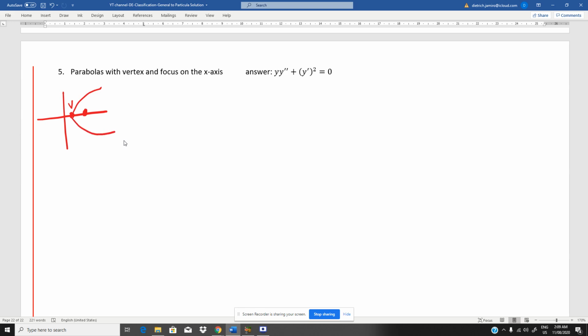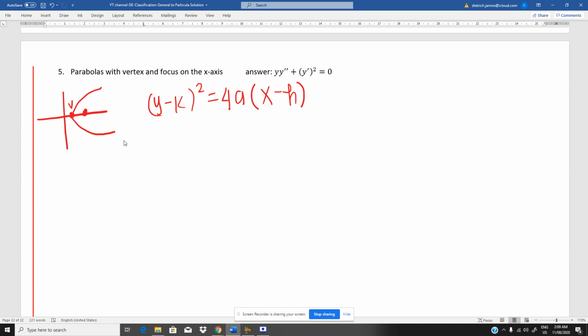We know that the formula for a parabola that's open to the right is y minus k squared is equal to 4a quantity x minus h.